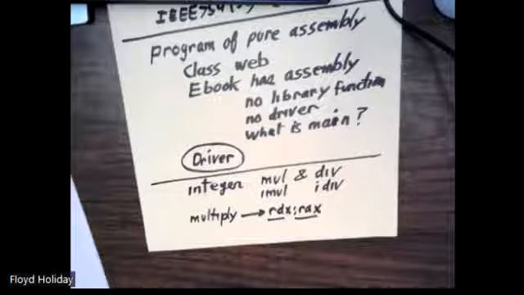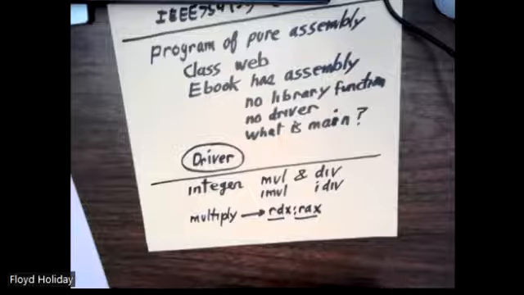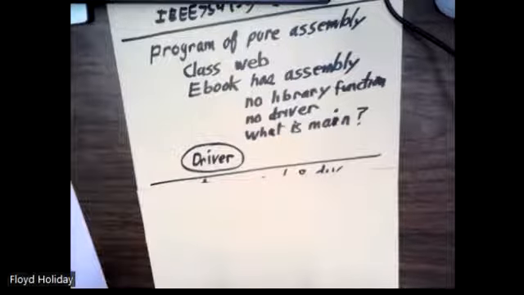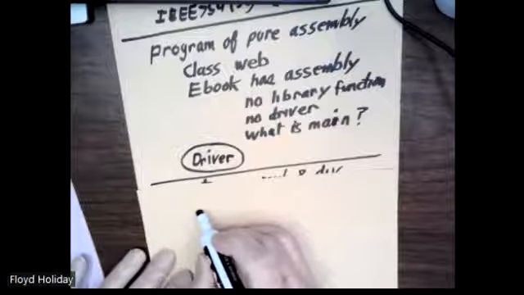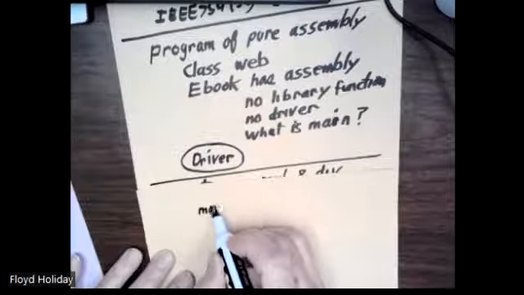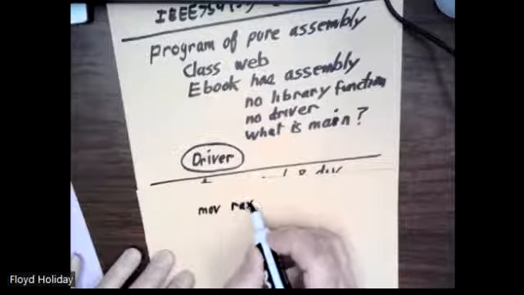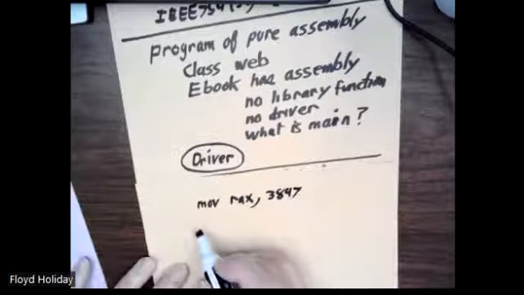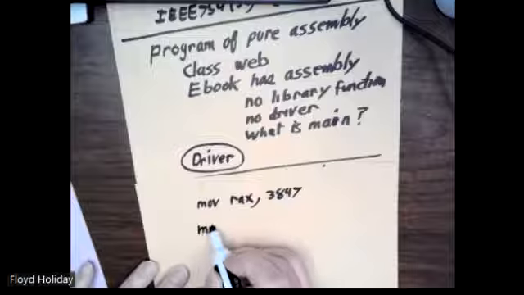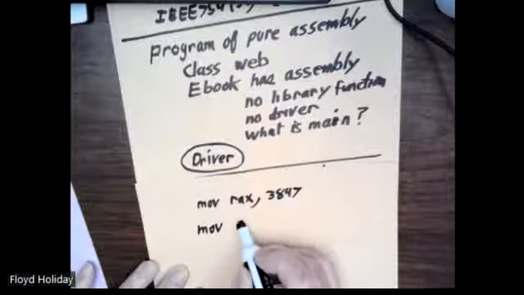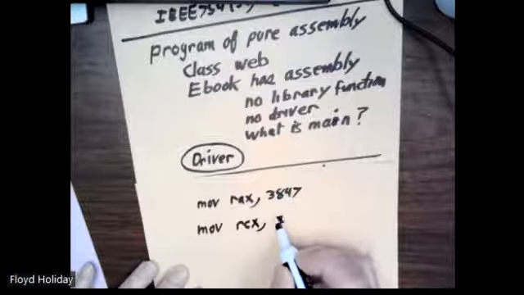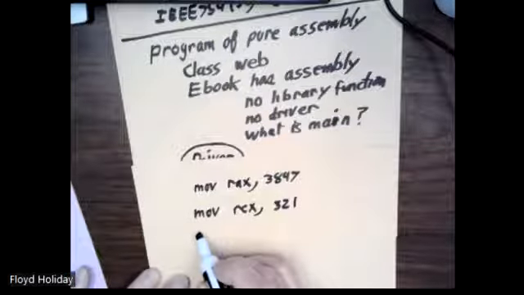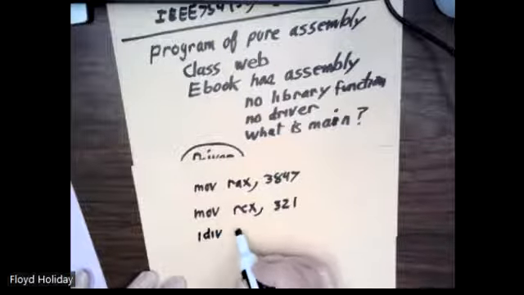To do a correct division, it's not enough to put your numerator in RAX, like such. Move RAX, 3,847 and move the divisor any place, RCX, 321, and then do an idiv RCX.